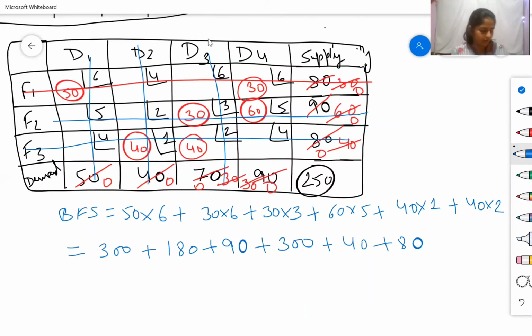Now we have to add this: 300 plus 180 plus 90 plus 300 plus 40 plus 80. We have the total transportation cost as 990 rupees.